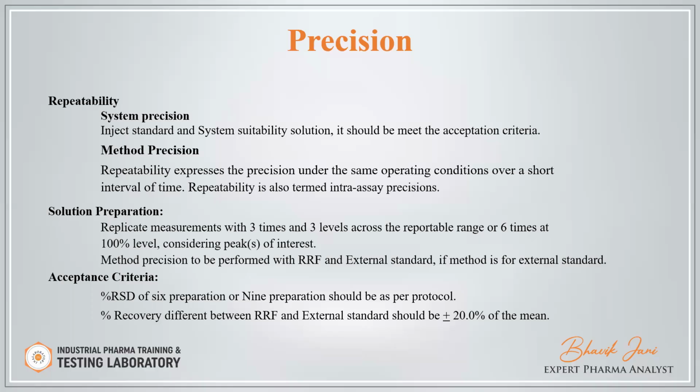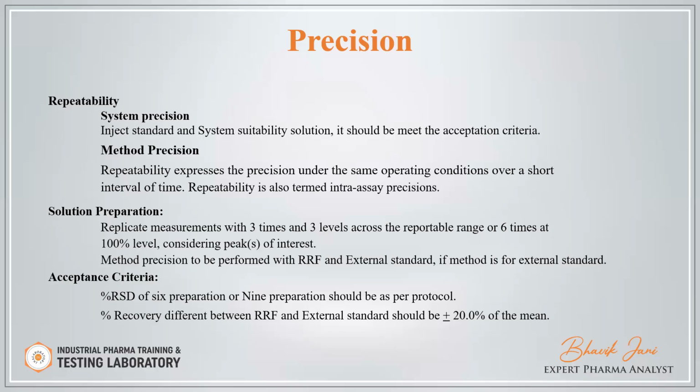So in method precision, how to prepare the solution? Replicate measurement with 3 times at 3 levels across the reportable range, or 6 times at the 100% level, considering the peak of interest. Replicate measurement with 3 times at 3 levels means you can prepare 50 percentage, 100 percentage, and 150 percentage, 3 times.